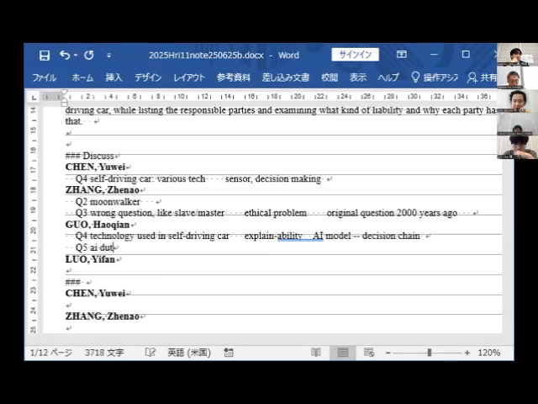AI duty and human duty, you have to consider based on the explainability you have to take. Yes.